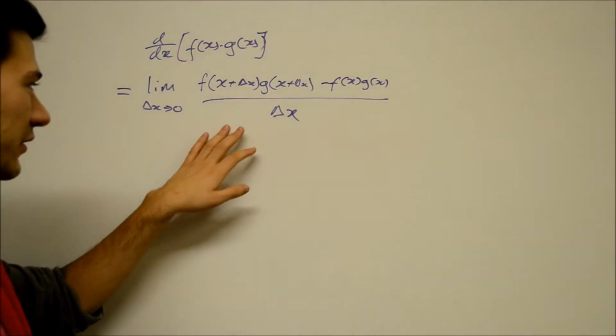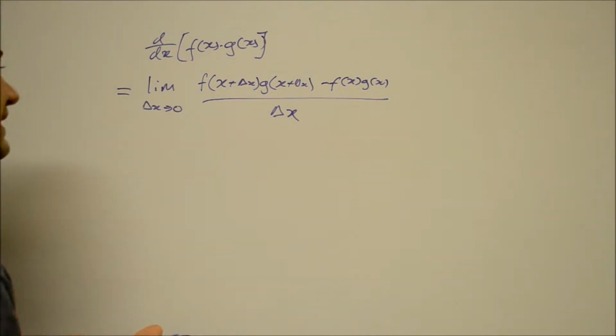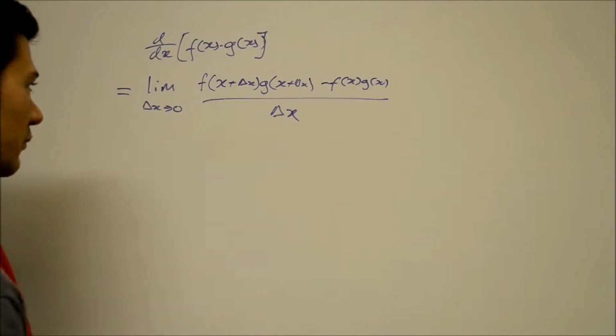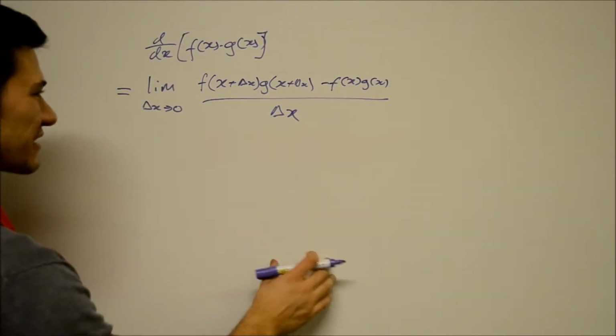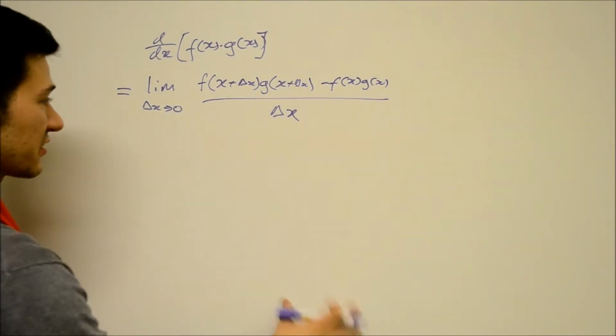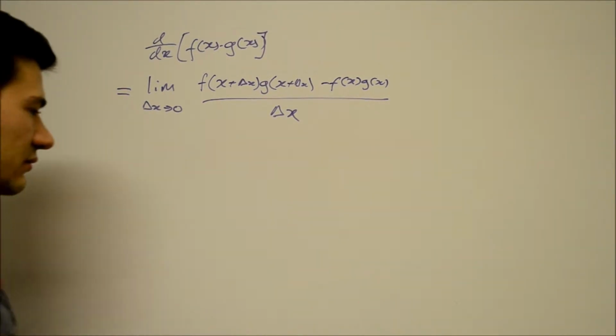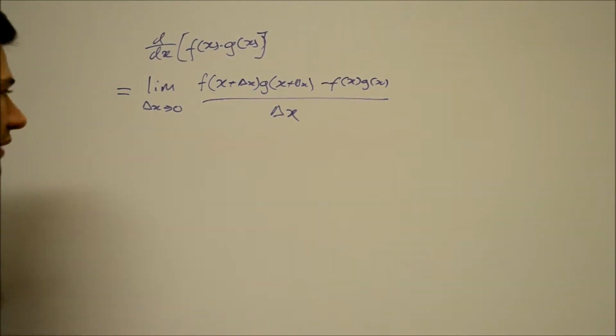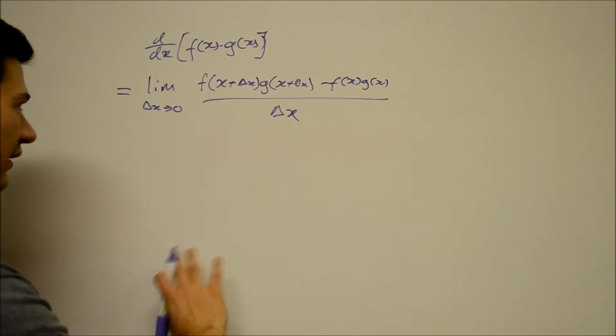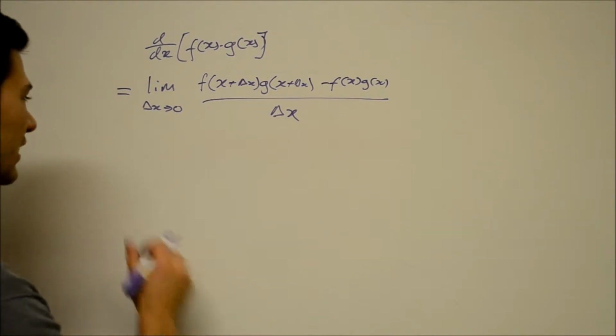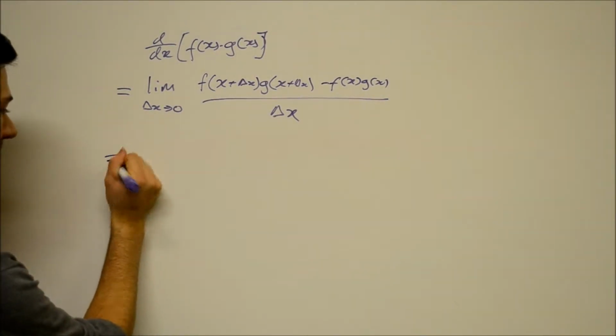With that, you can't do much. But what we do is we essentially add 0 onto the numerator, so it doesn't change. It's just a trick of mathematics, similar to multiplying something by 1 in a particular way.